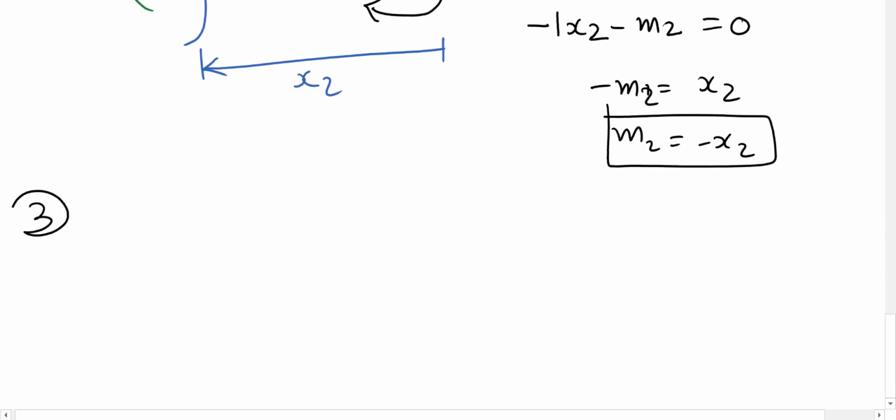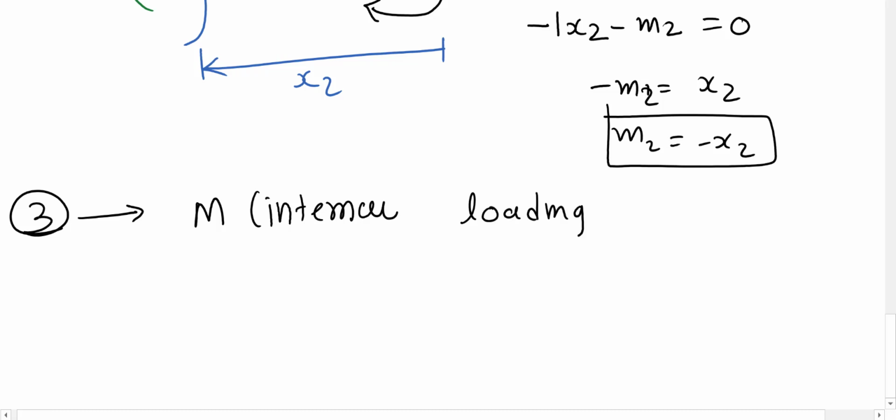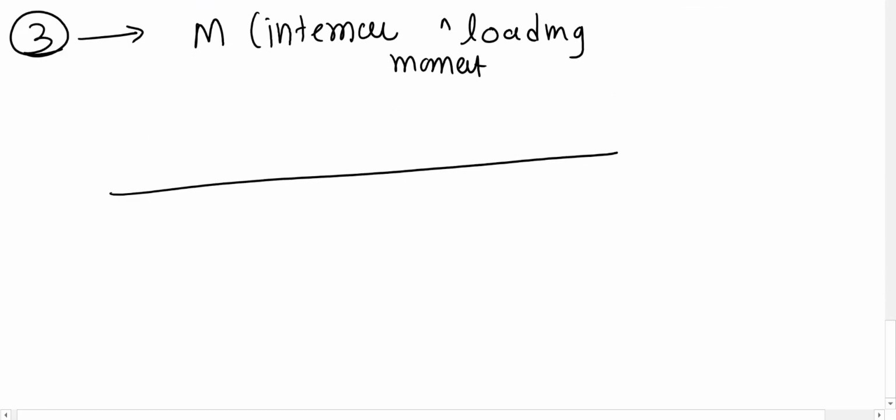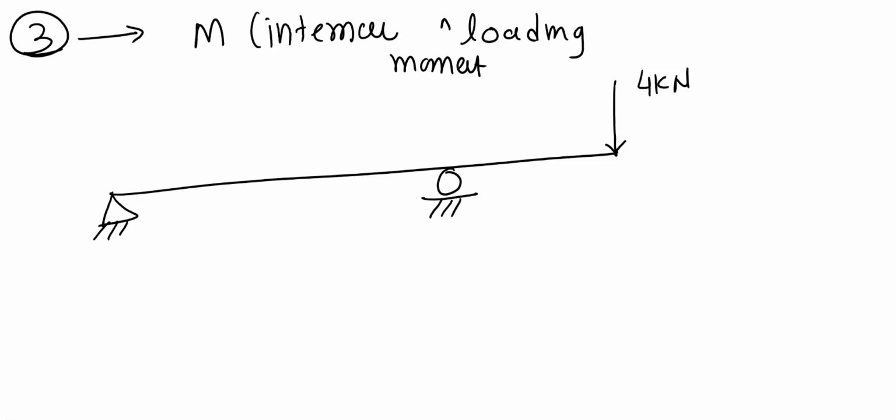Third step, we need to find capital M, which is the internal moment due to real loading. For that case, we draw the beam again. We have this pin, roller, and we have this 4 kilonewton load.